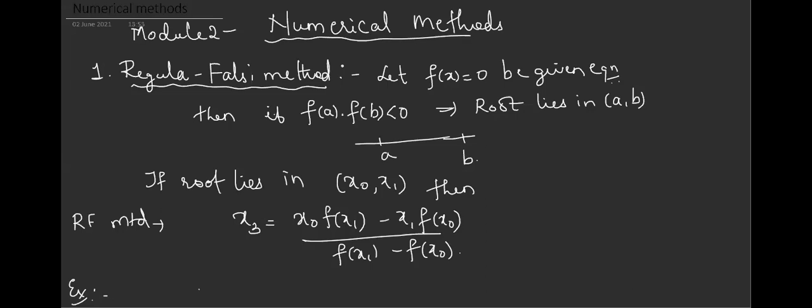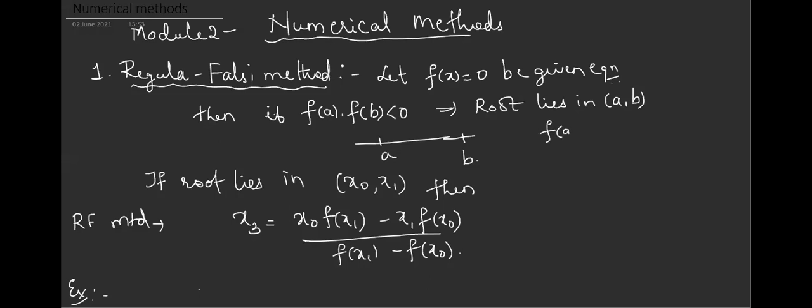When you get the product of two numbers as negative, is it that both should be positive, both should be negative, or one of them positive and one of them negative? One of them should be negative.